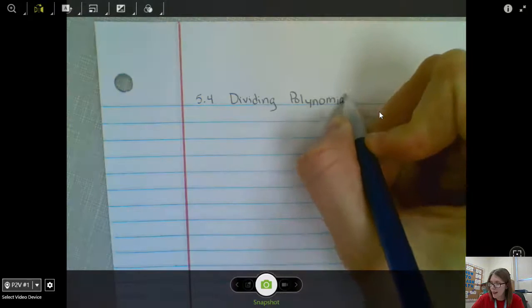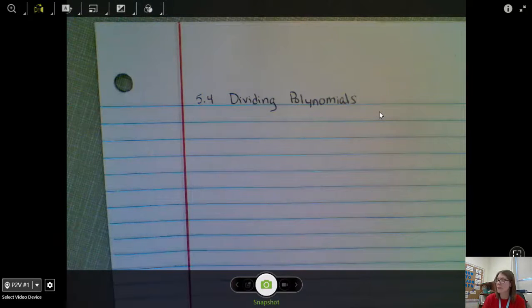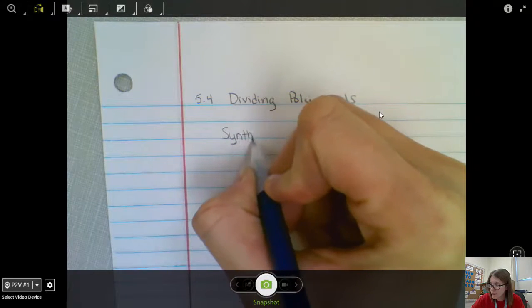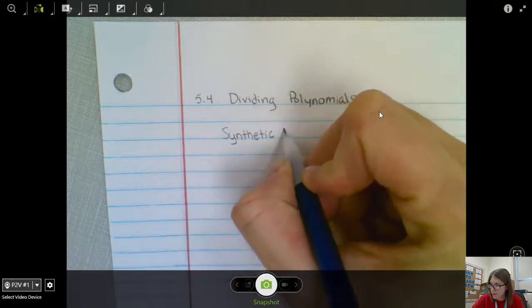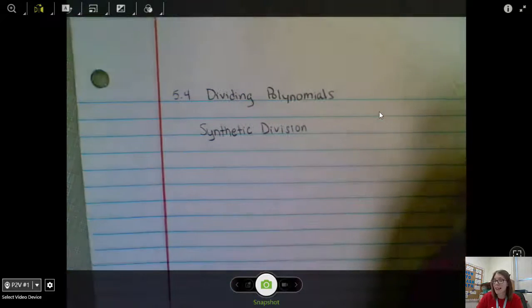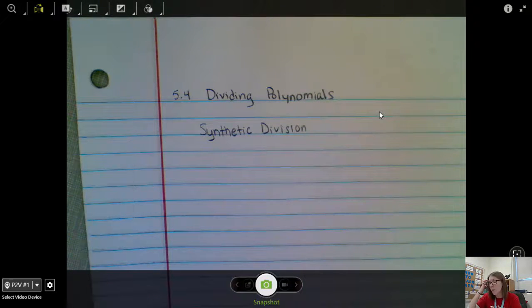The new way that we can divide polynomials is through something called synthetic division. And synthetic division is really snazzy. There's one downside to it though.